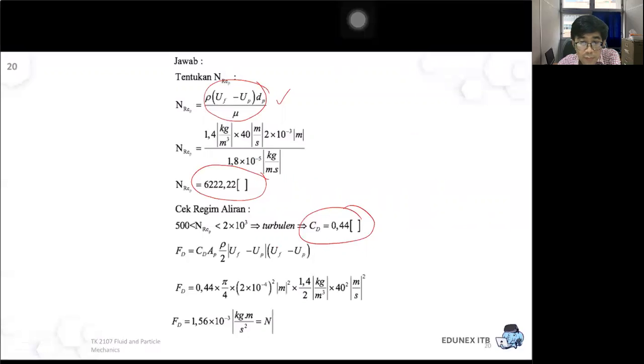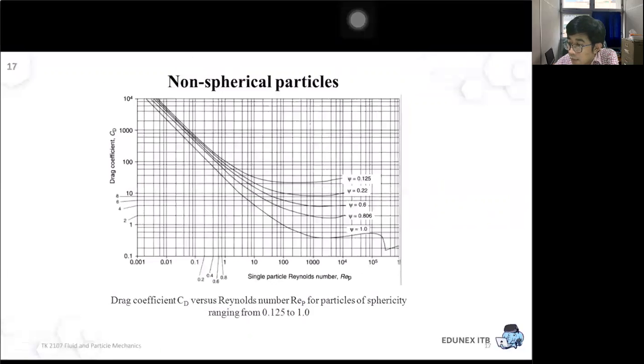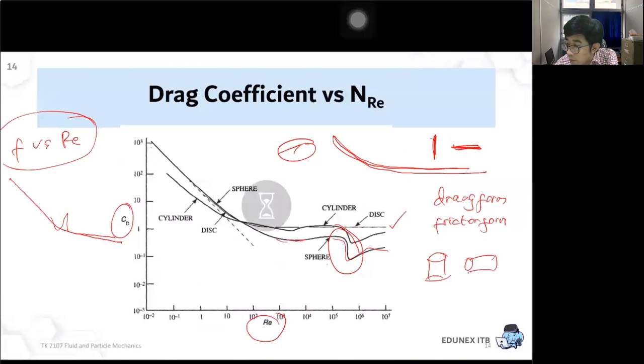I don't know how to calculate the CD, sir, because I don't know how to get the F. Sorry, you can get the Reynolds number, right? And then just use one of the graphs, for example, this one. Put 6,000. 6,000 is between 1,000 and 10,000, right? So like in the middle. Just use this one for the sphere and take this value.